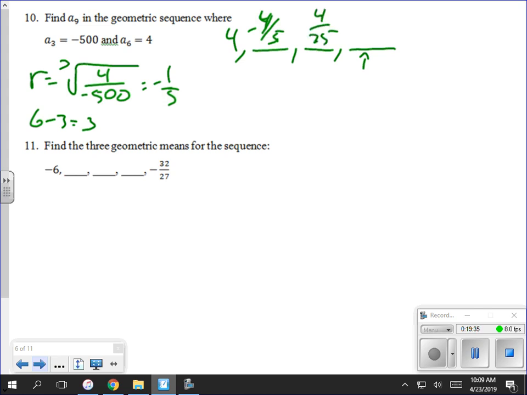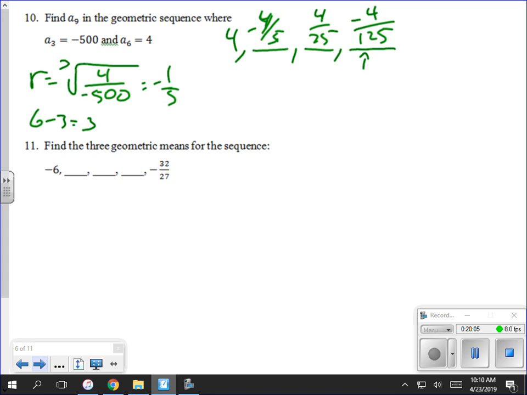And multiply that times negative 1/5, and I get negative 4/125, and that's your answer. It's easier with the geometric just to multiply, because you're only going to multiply 2 or 3 times to get to the number you need to get to. It's not going to be that far down the road. I'm not going to make you find the 300th term. So the 300th term would be so teeny tiny it wouldn't matter. Okay.